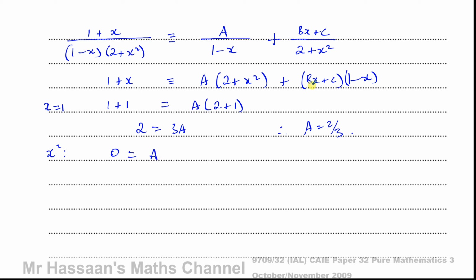And I'm also going to have bx times minus x. That will also give me an x squared term, so that's going to be negative bx squared, so I'll put negative b. So I know that 0 equals a minus b. I know what a is already, so I can say 0 equals 2/3 minus b. So if I rearrange this, b equals 2/3. So the value of b is also 2/3.